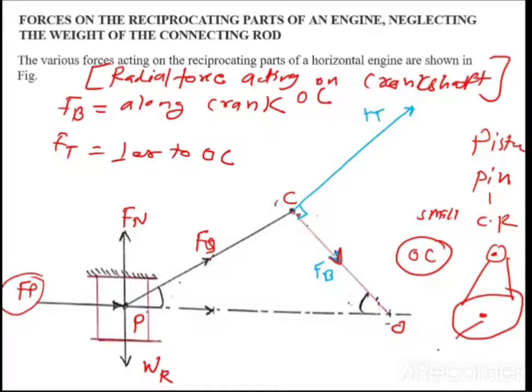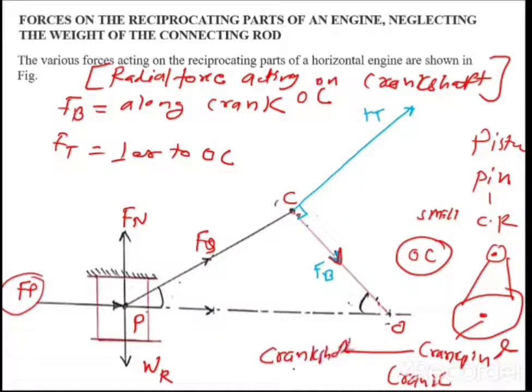To the big end we have a crank pin, and with the help of this crank pin and crank, it is connected to the crankshaft. The crankshaft is a rotating element, and it is then connected to the flywheel of an automobile, and then the gearbox. So we have to understand the force analysis here.